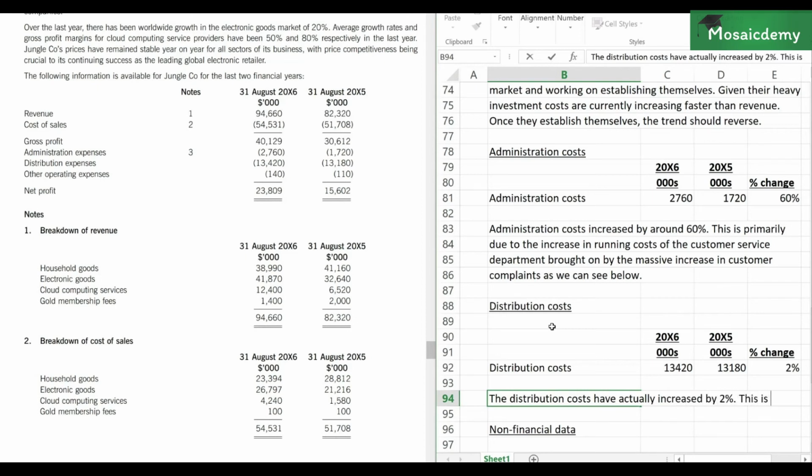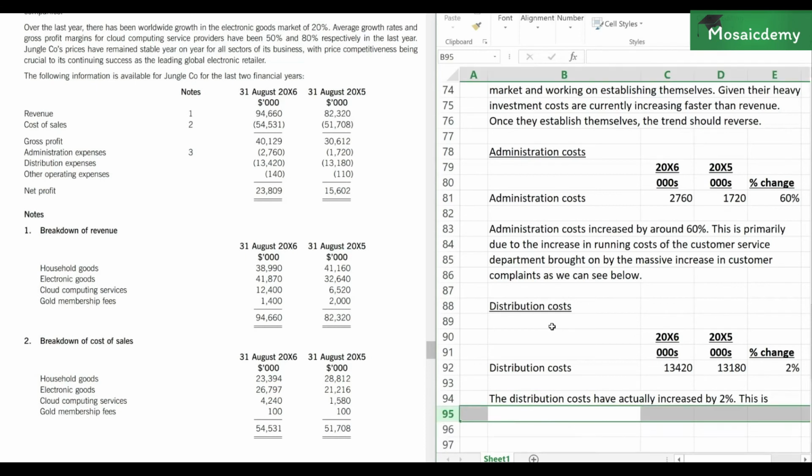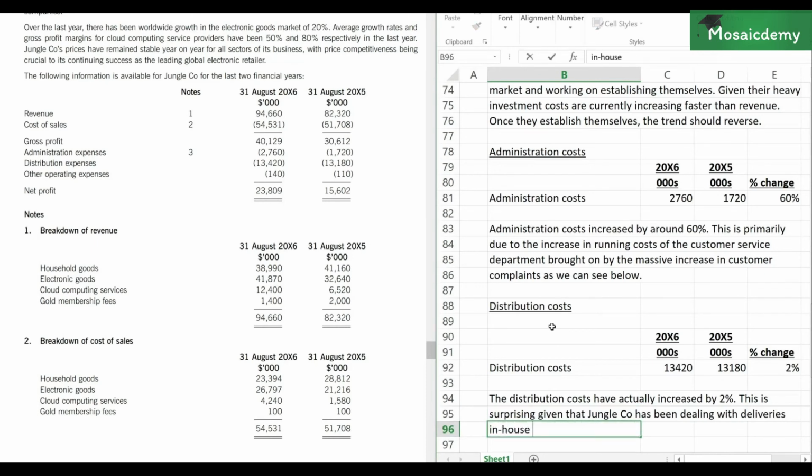This is surprising given that Jungle Co has been dealing with deliveries in-house, which usually results in cost savings.